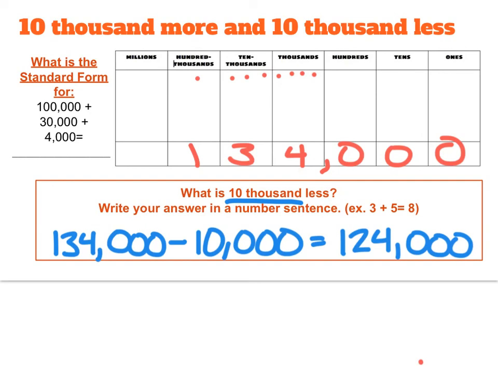I only took away one 10,000, so that is only going to affect the 10,000s place of my original number. You can still use your place value chart to help you figure these out. So if I'm asked to take away one 10,000, I can cross off a 10,000 and I can see that I'm left with just two. 124,000.